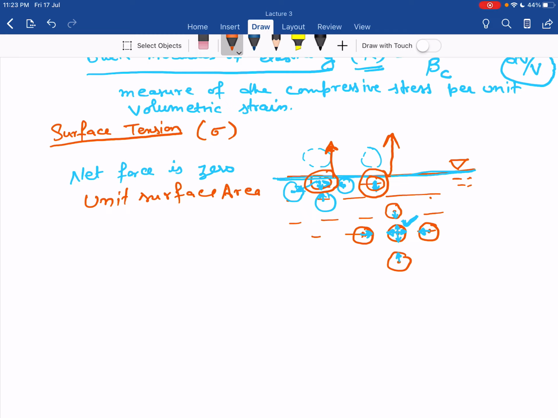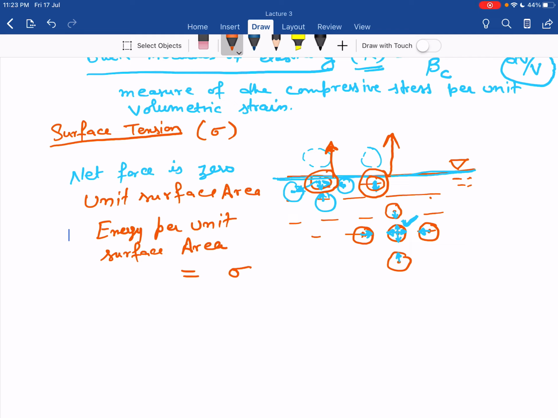So then we have to apply some energy. So that energy per unit surface area, we call it surface tension.